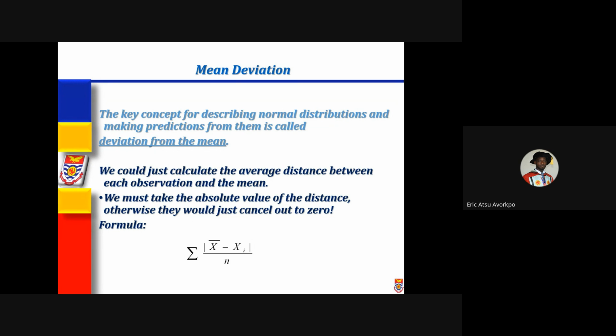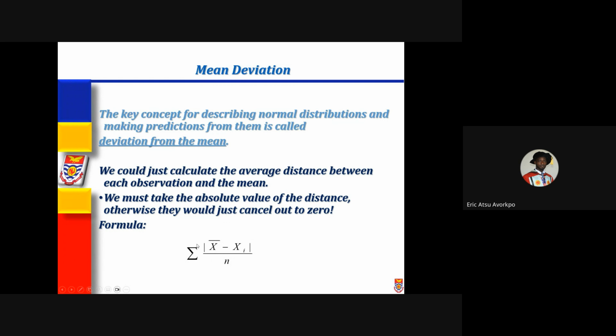Now, how do we find the mean deviation? The mean deviation says that you calculate your mean value, and you already know your mean value, isn't it, my brothers and sisters? We already know how to calculate the mean value. It's the summation of the observations divided by n, right? Now, what we are doing here is that you first calculate that mean, and you subtract the mean from each of the observations, and you divide by N. N is the number of samples, or the number of observations in that data set.